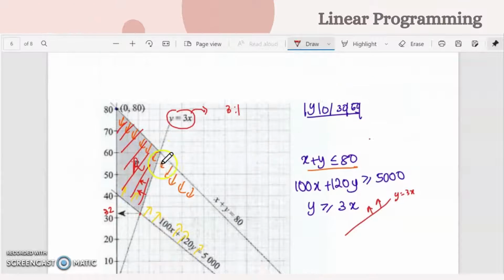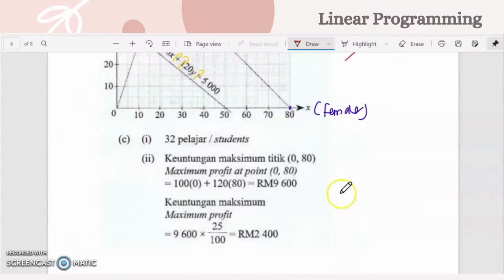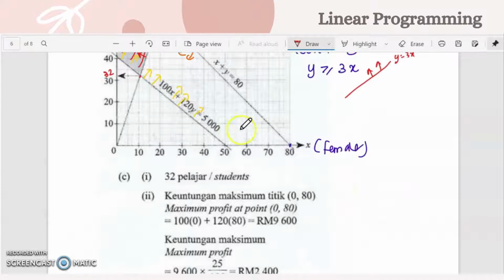So we look at from this value. Okay, so maximum kat sini, awak boleh tengok kepada setiap vertices, points at vertices of R. Bila soalan maksimum ni cara senang, tengok points at vertices of R.